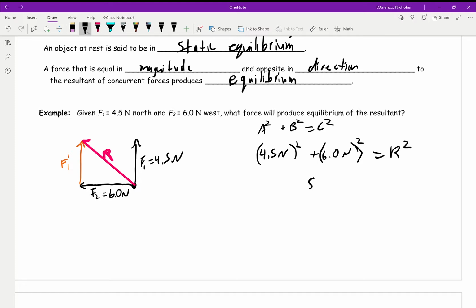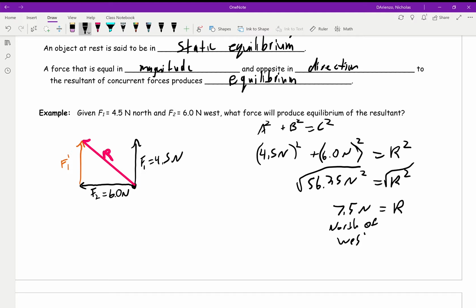This comes out to 56.25 newtons squared. This is equal to our resultant squared. We'll take the square root of both. Our resultant comes out to be 7.5 newtons, and that is directed north of west. So we got a resultant.